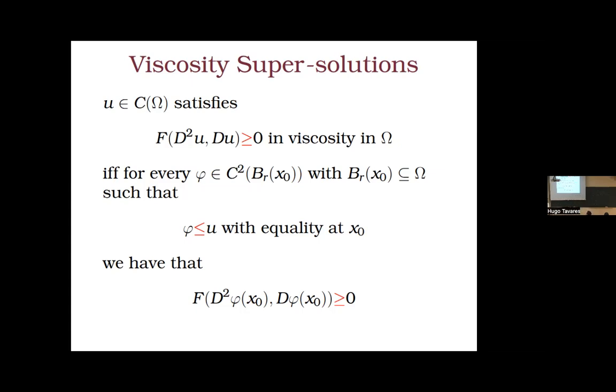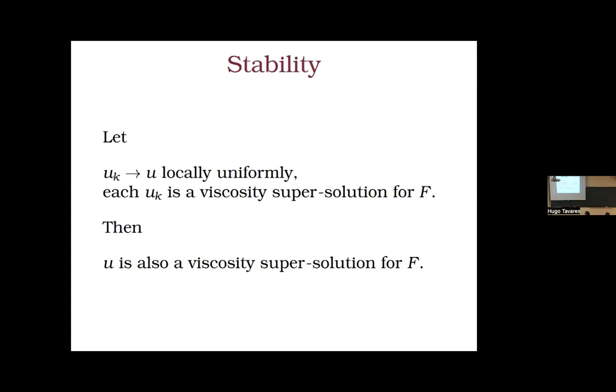And this is quite nice because it's a very weak notion of solution that has a lot of nice properties. In particular, it has a stability property that allows you to construct solutions in a particular way.